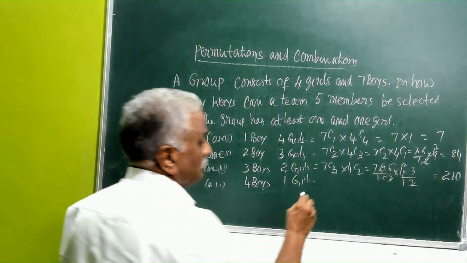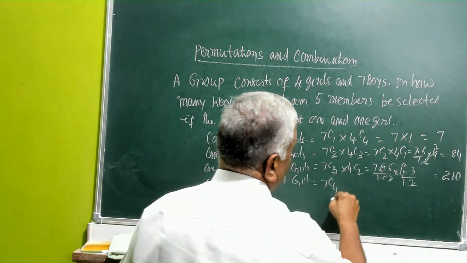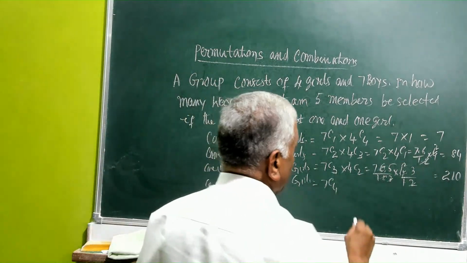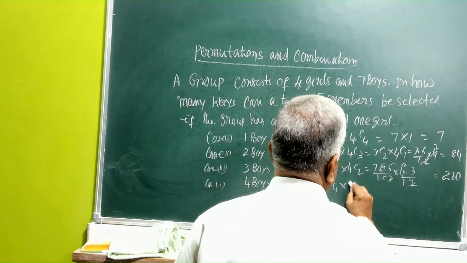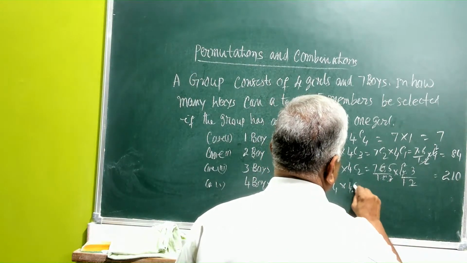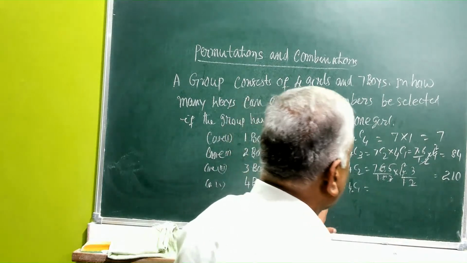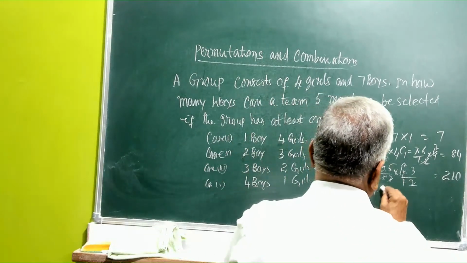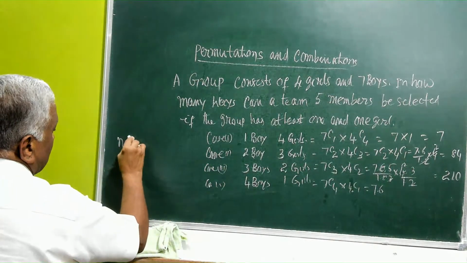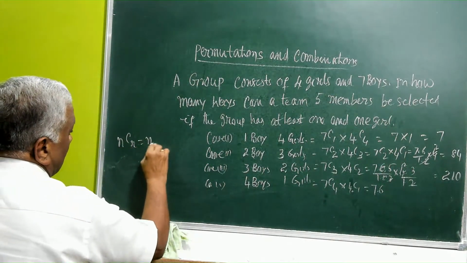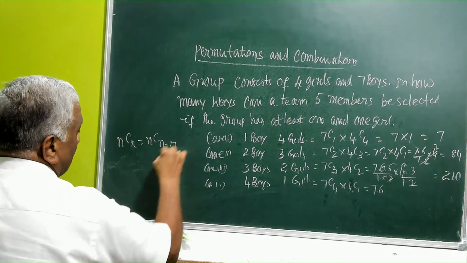The last case, you can select 4 boys in 7C4 ways and 1 girl in 4C1 ways. 7C4 is 7C3, that you remember. nCr is equal to nC(n minus r).